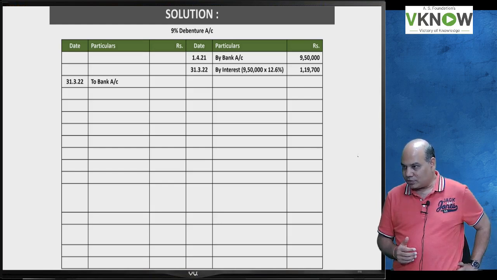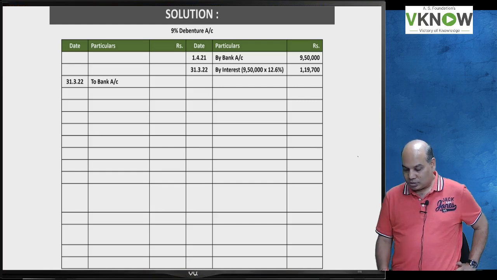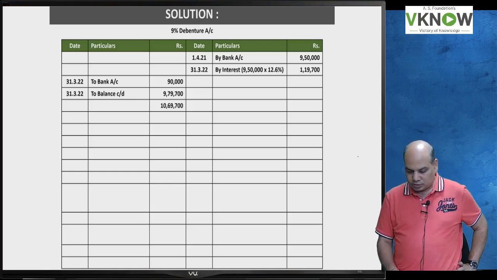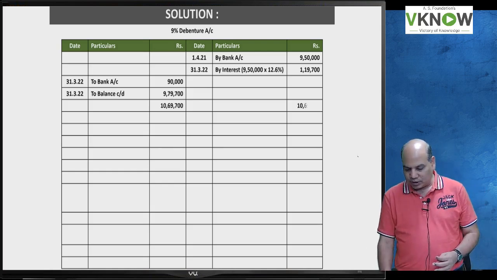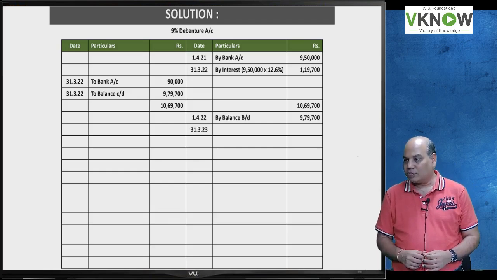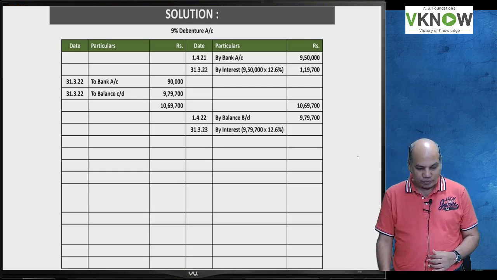I have to book the expense, which should be effectively what I have borrowed. 90,000. To balance carried down. 979,700. So if you follow the figures which I have taken, it is easy for me to check your answer. By balance brought down. If you are not sure, use a pencil.